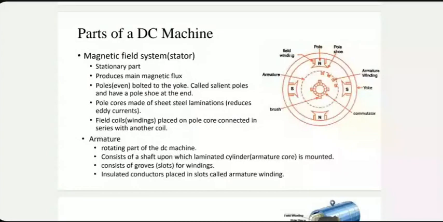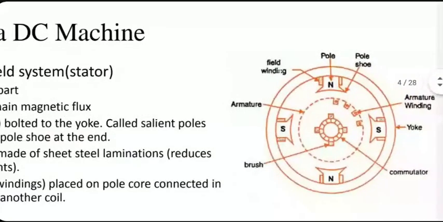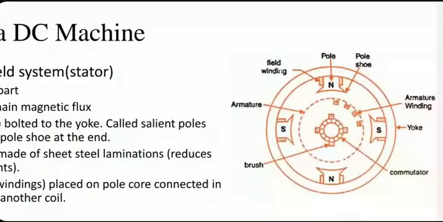Usually they are bolted. The bottom of the poles is given an extra large area called the pole shoe. It helps in improving the coupling between the magnetic field and the rotating conductors.